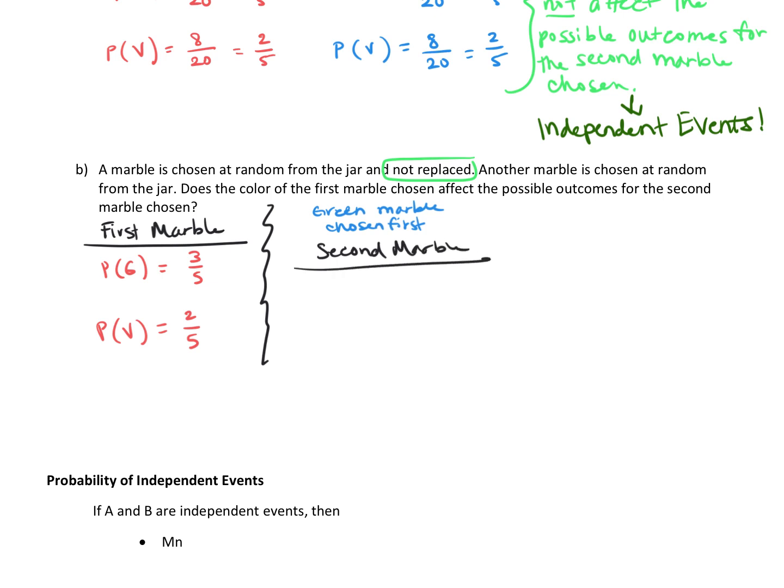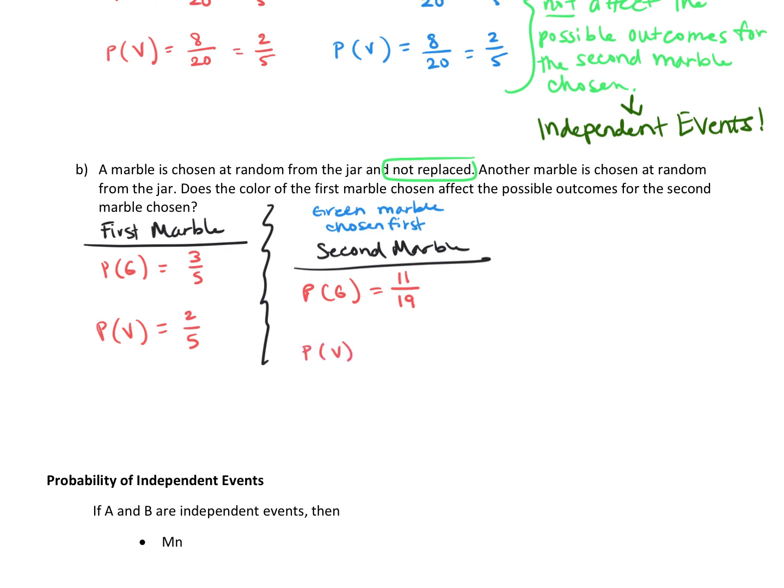Well, the probability of choosing a green marble, so we chose a green marble here, but then it did not get replaced. Remember, we had 12 green marbles. Well, one of them got chosen as the first marble, so we're down to 11 green marbles. And because that green marble was not put back in the jar, we have 19 marbles left. So we have an 11 out of 19 possibilities for choosing a green marble.